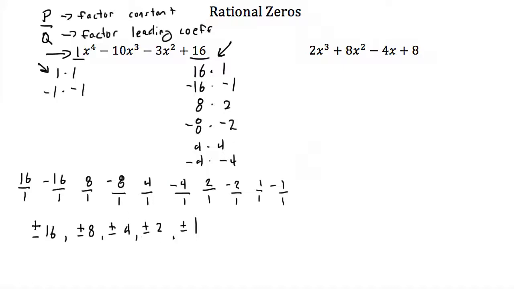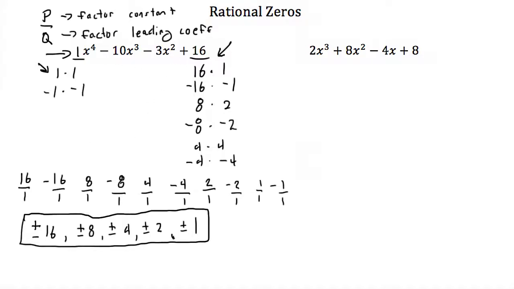Now that doesn't mean that all 10 of these numbers are solutions to this equation. It just means that the solutions to this equation will be some of these numbers. That's why these are all the possible zeros of our polynomial.